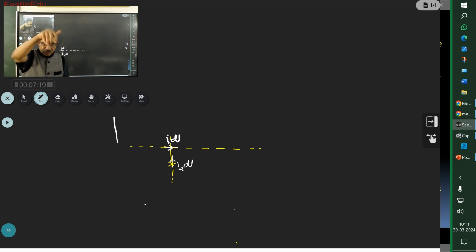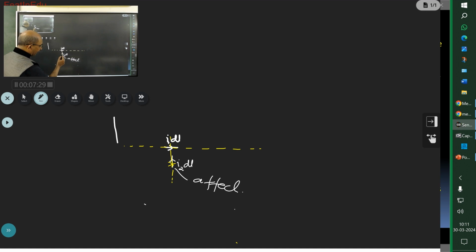Agreed? Because it is like this. So this will get affected. Agreed? But the magnetic field due to this at this point is 0. So this will not get affected.